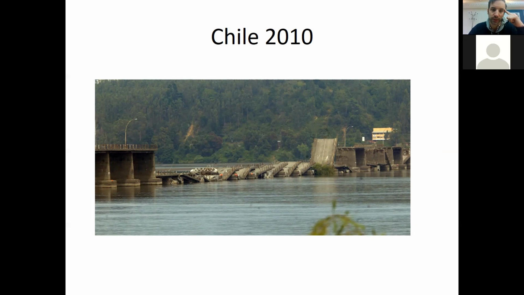So the city was entirely separated into 2 halves, and there was no viable road to cross it for many, many weeks because of the earthquake. This was a very old bridge, but still, you could see that almost every single pier collapsed, and of course the deck on top collapsed when the piers collapsed.